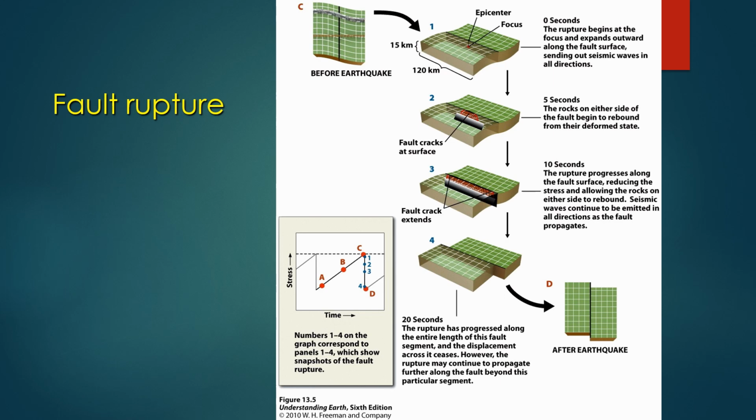This is what happens during a fault rupture. In the following part of the lecture, we're going to discuss how recorded seismic wave signals are related to the rupture and how we can use seismic waves to understand earthquakes.